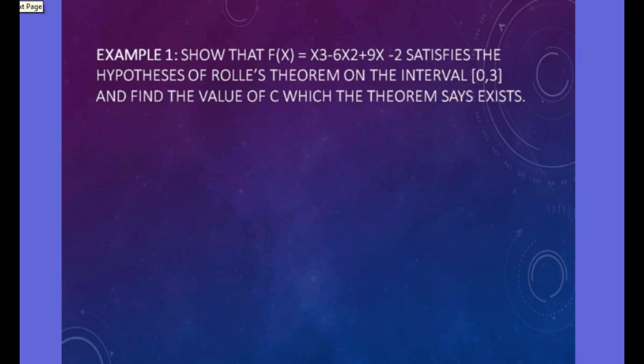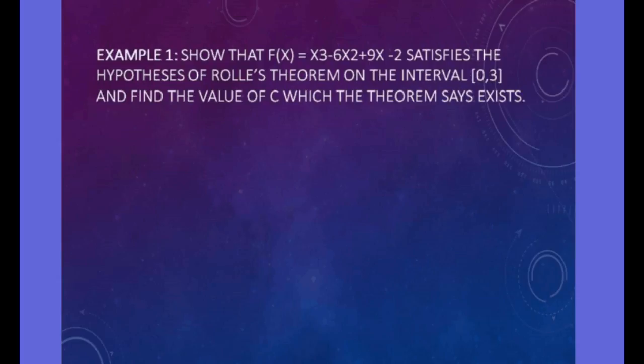So, in example 1, and I know we kind of did this yesterday. I know, I didn't fix them. Show that f of x is x cubed minus 6x squared plus 9x minus 2 satisfies the hypotheses of Rolle's theorem on the closed interval [0, 3], and find the value of c which the theorem says exists.